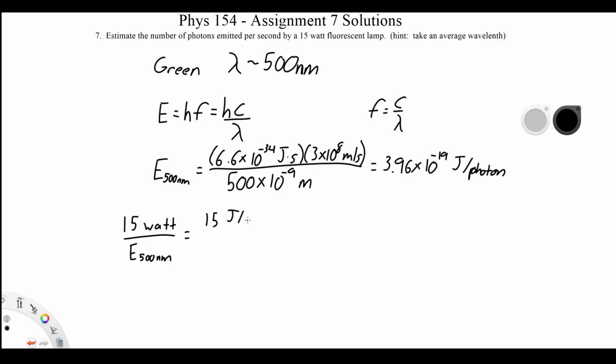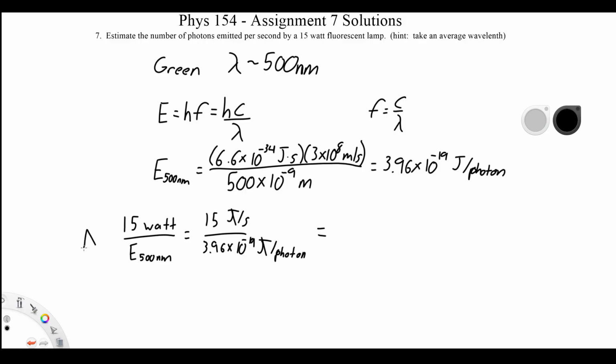It's energy per second. By dividing by this energy per photon, 3.96 times 10 to the negative 19 joules per photon, the joules will cancel out, and we will have 1 over photon, which will pop that up, and we'll have photons per second as our units, which is exactly what we're looking for.